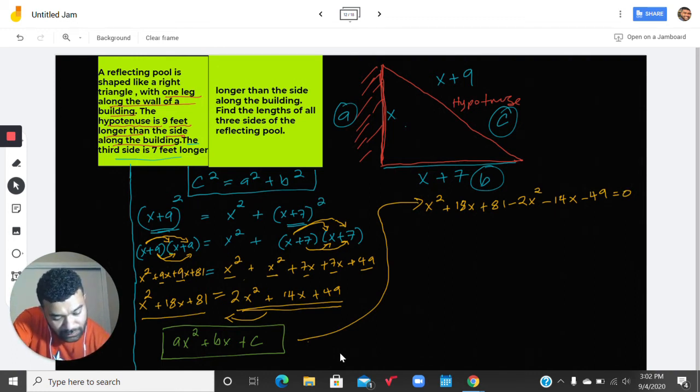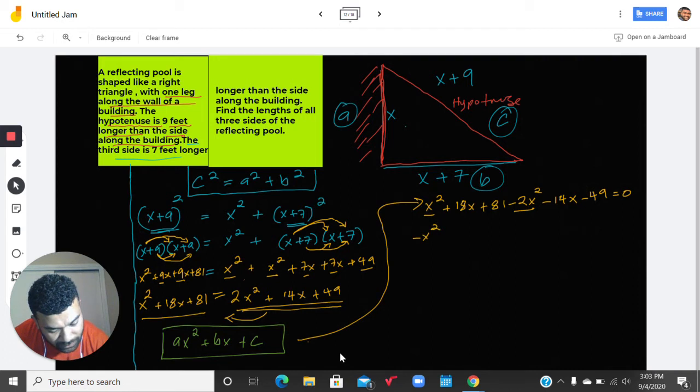Now what I can do is combine the like terms. I have x squared and negative 2x squared. When I add them, 1 minus 2 gives me a negative 1x squared, which is the same as just a negative x squared.